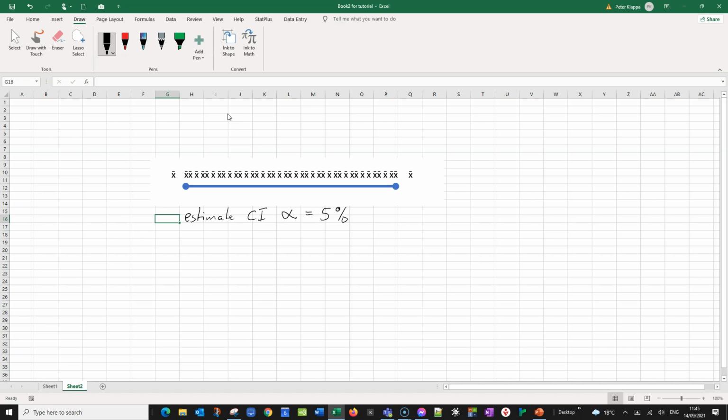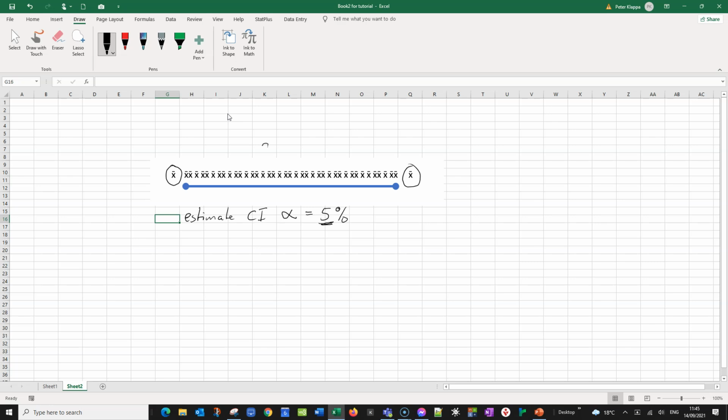That means if we have 5%, then we accept that 5% of our samples are outside this confidence interval. So 5% error means 5 out of 100 samples are outside the confidence interval that we estimate.